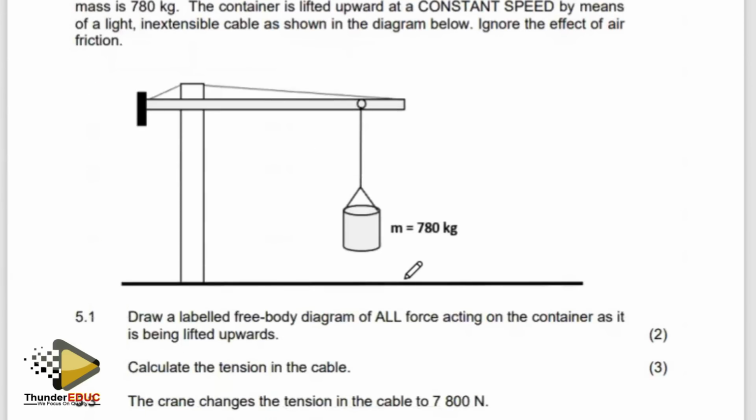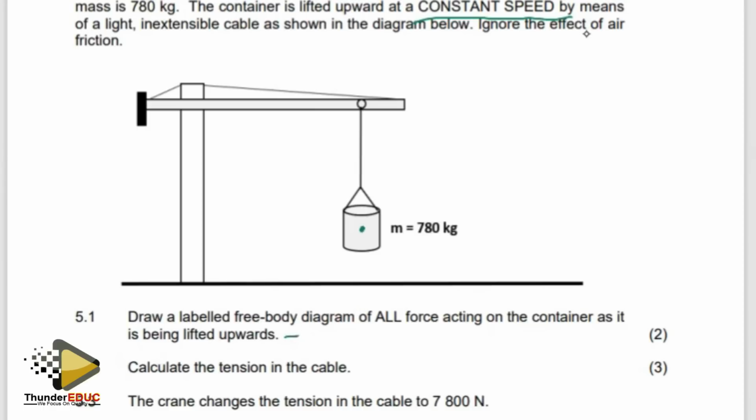Then question 5, they're telling us that a crane at a building site lifts a container that is filled with concrete. And their combined total weight is 780 kg. The container is lifted upwards at a constant speed by means of a cable. Ignore the effects of friction. They want us to draw a free body diagram of the container as it's being lifted.